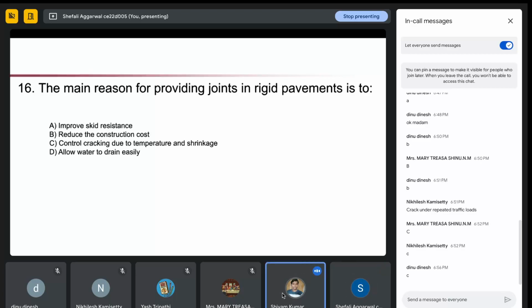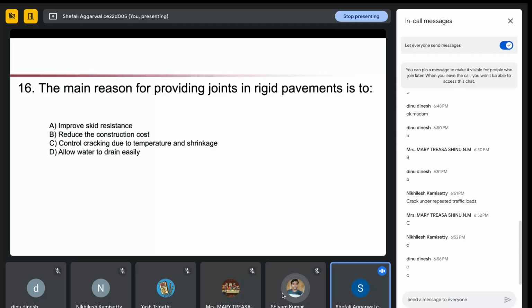No. Okay. So the answer is C, that's the correct answer.